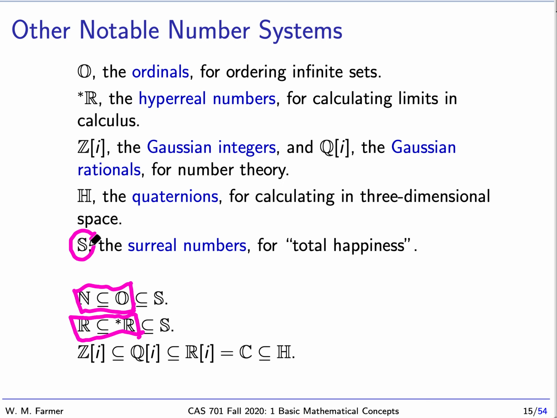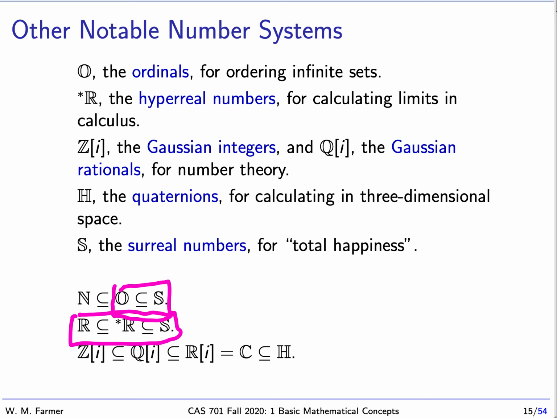So the surreal numbers, as you can see here, include the ordinals. They also include the reals and hyperreals. The real numbers are an ordered field. The surreal numbers are, in some sense, the biggest ordered field.